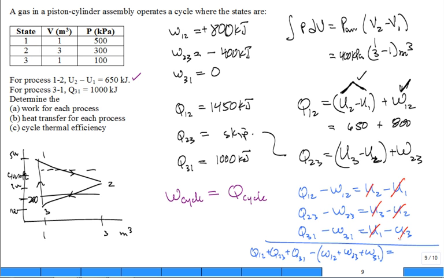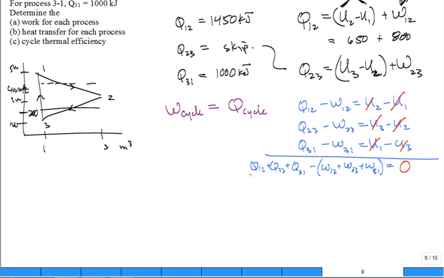That U3, that U3. Guess what? It's equal to 0. So I look and I say, this is nothing but Q of the cycle minus work of the cycle. That's equal to 0. That's what I just wrote. True?